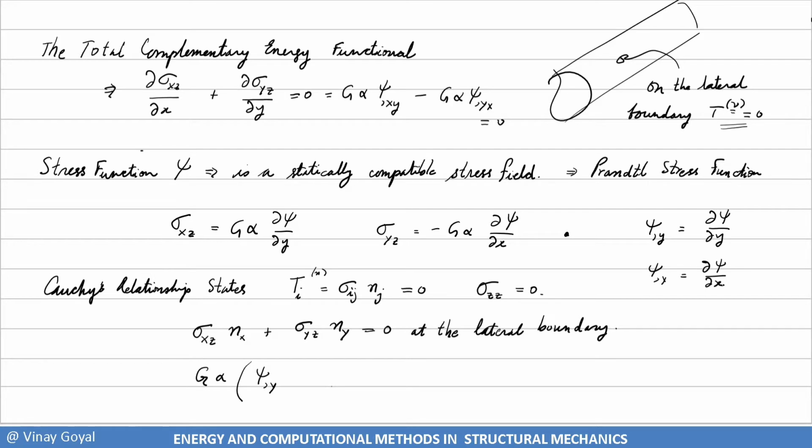It just makes it easier for me to explain everything, if you don't mind. And I will then have C comma YX minus C comma XY, and this is equal to zero.